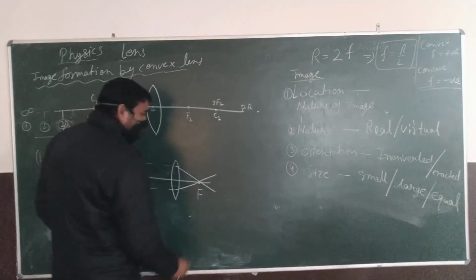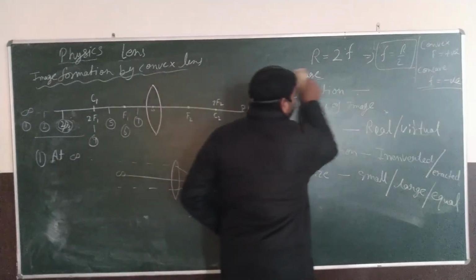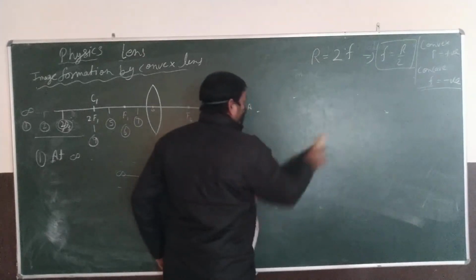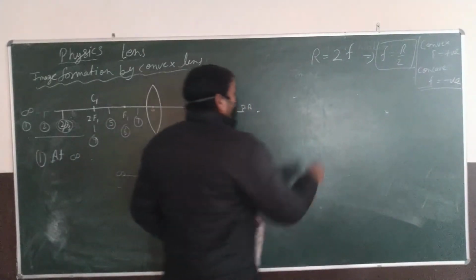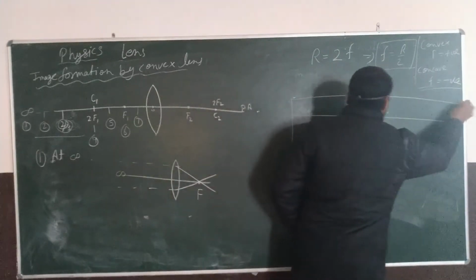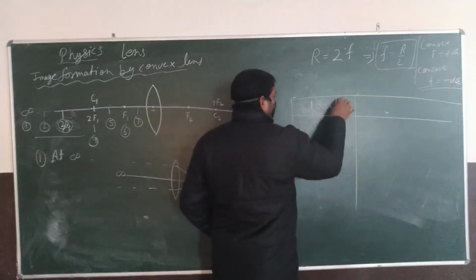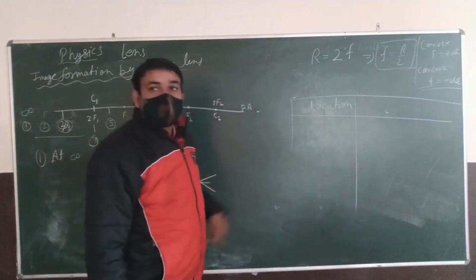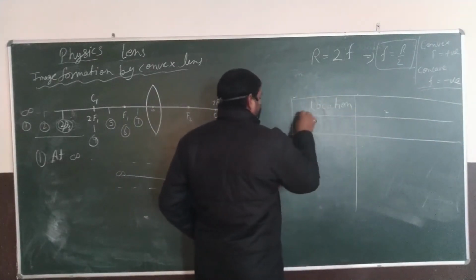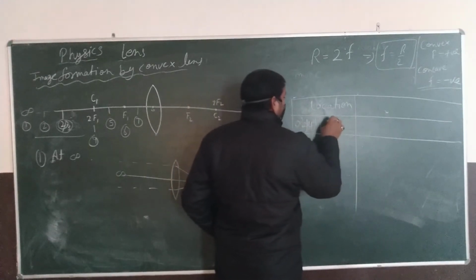Now you can also form a table for it. Let's say we form a table. Here we have location, the location of two things: one is object and second is image.